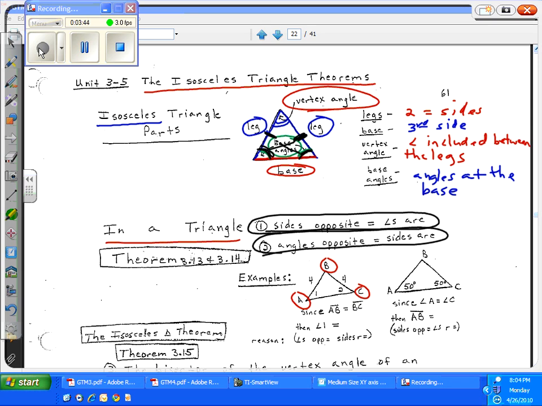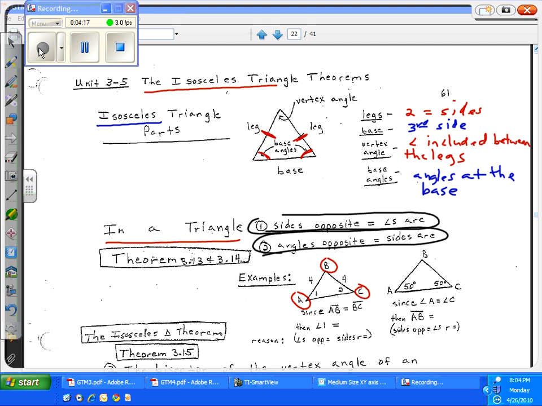So in a triangle, if two sides are equal, then the angles opposite those equal sides are equal, or vice versa. If two angles of a triangle are equal, then we can conclude that the sides opposite those equal angles are equal.